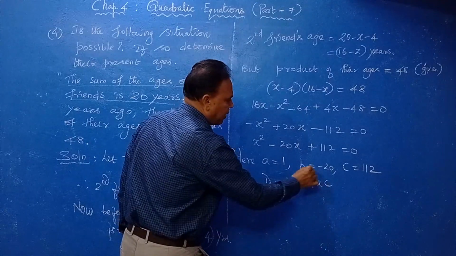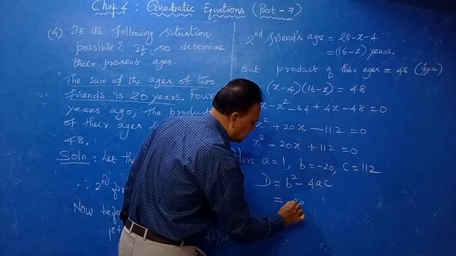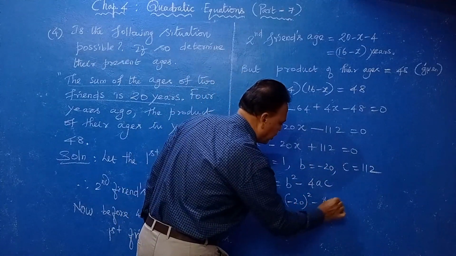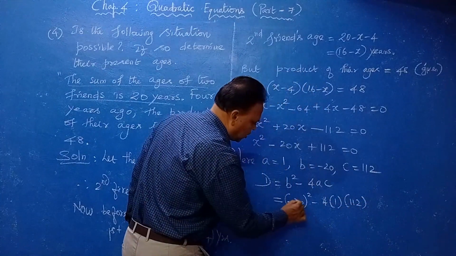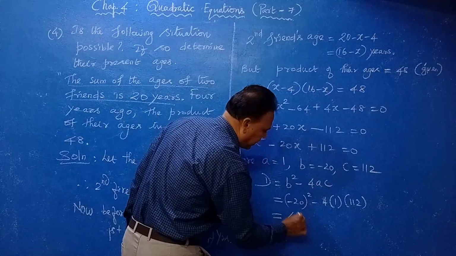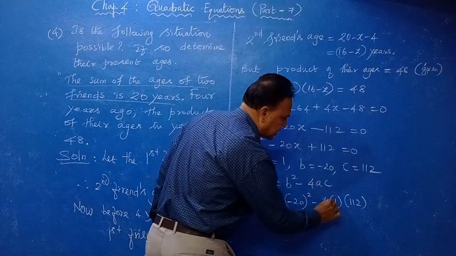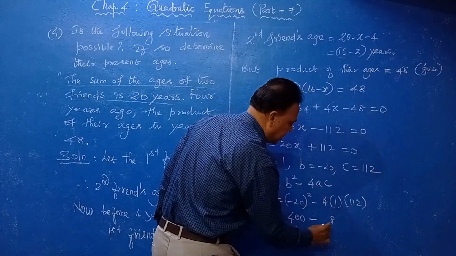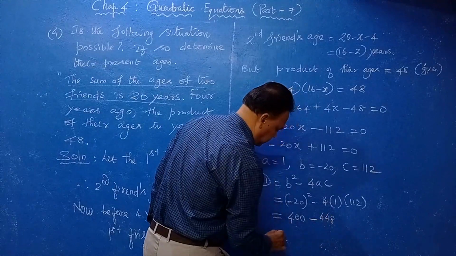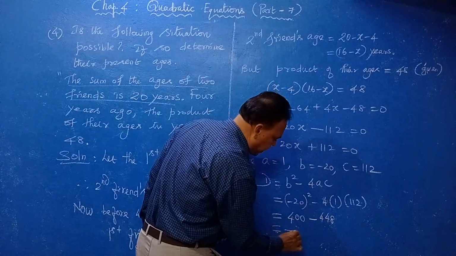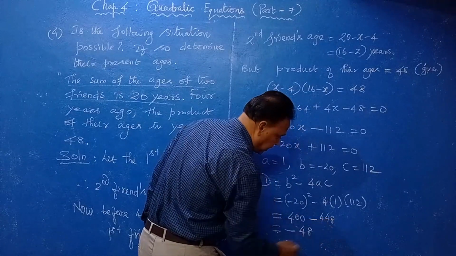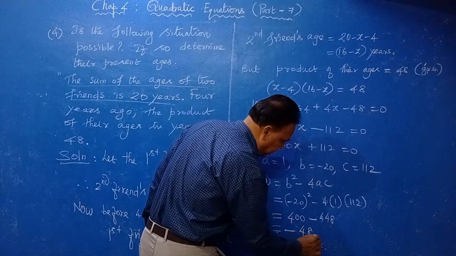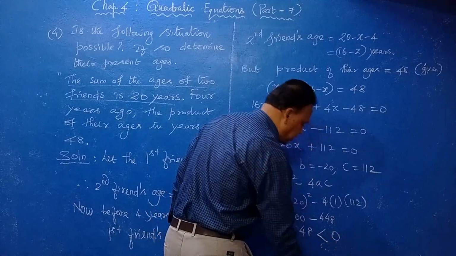Remember, minus 20 the whole squared, minus 4 into 1 into 112. This is how much? 400, because a negative squared is positive. Minus 4 into 112 is 448. So subtracting, 400 minus 448 is minus 48. That is negative, less than 0.